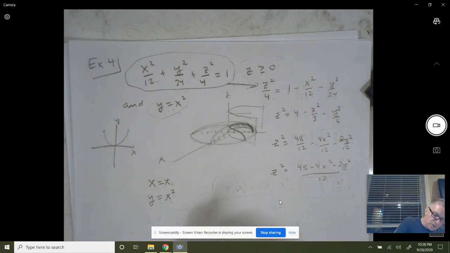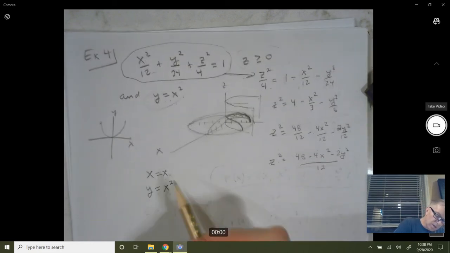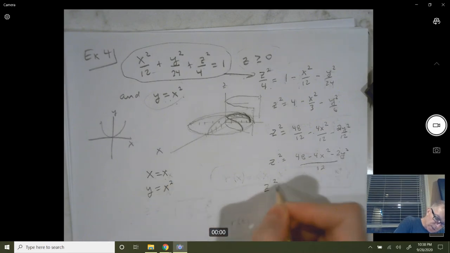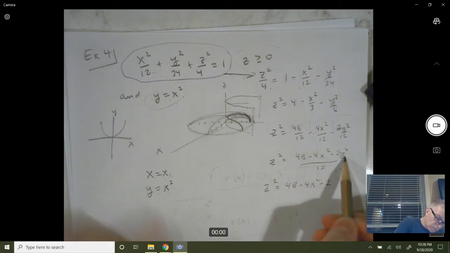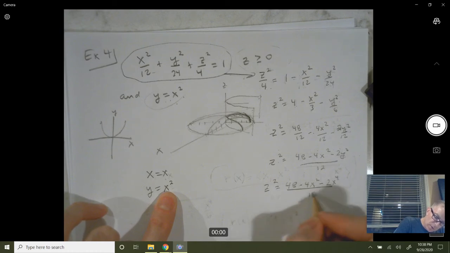But we want z in terms of just one parameter. We don't want two parameters here. We only want one. So we have to get rid of that y squared. So we have z squared is equal to 48 minus 4x squared minus 2y squared. Well, y is equal to x squared, so we plug in an x squared there and then square it. We're going to have 2x to the 4th all over 12.